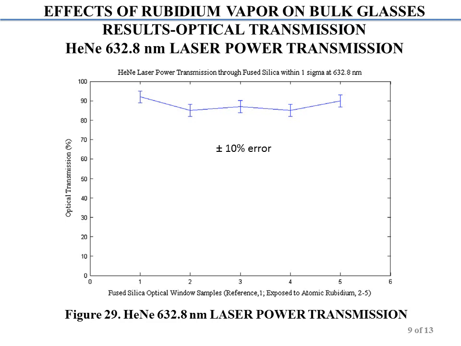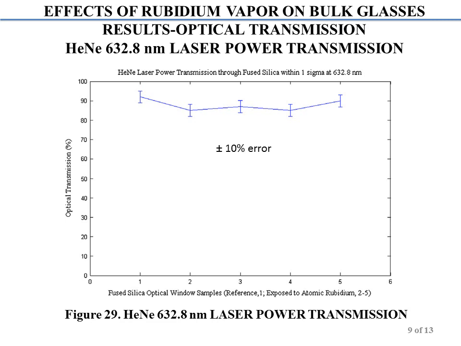When exposed, transmission dropped to over 80%, and so on. So this is just an example to show that within one standard deviation, the optical power transmission reduced after exposure to the atomic rubidium.